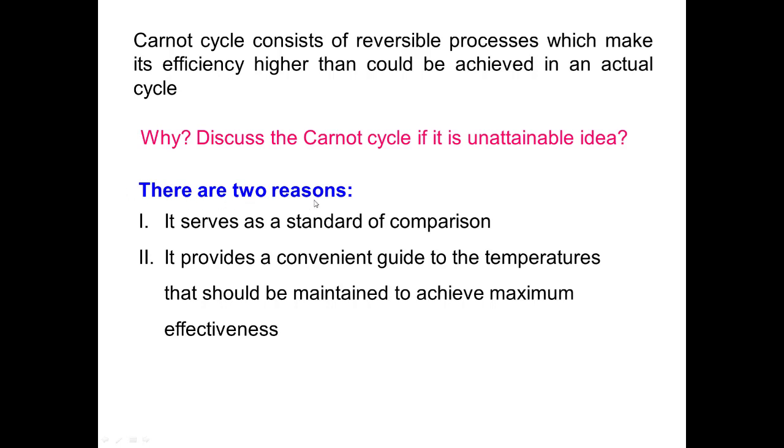There are two reasons for that question. One of the reasons is it serves as a standard of comparison. I mean, this is like a benchmark. Every cycle, whether that's a gas turbine, IC engine, we compare the performance of that actual cycle with some benchmark, and the benchmark is the Carnot cycle. And the second reason is it provides a convenient guide to the temperatures that should be maintained to achieve maximum effectiveness, right?